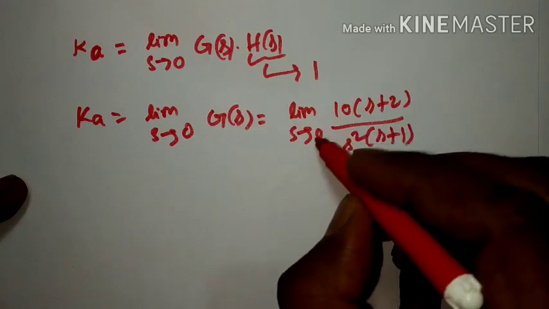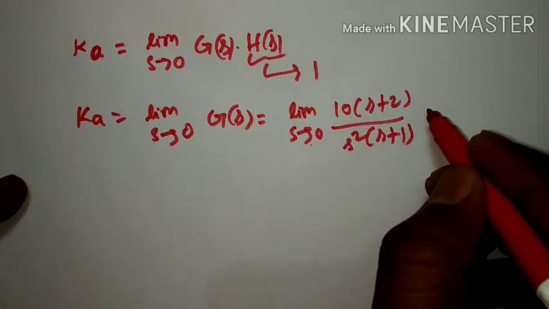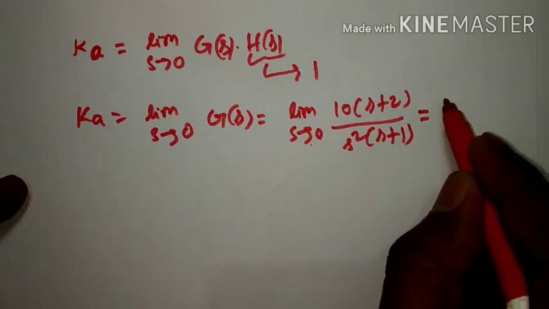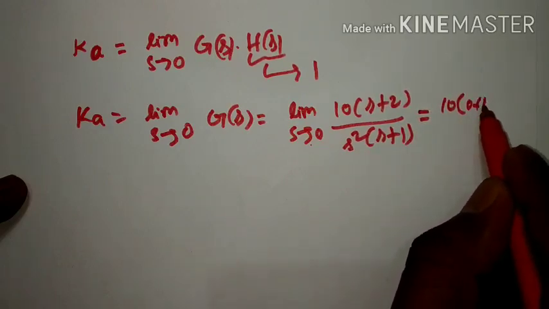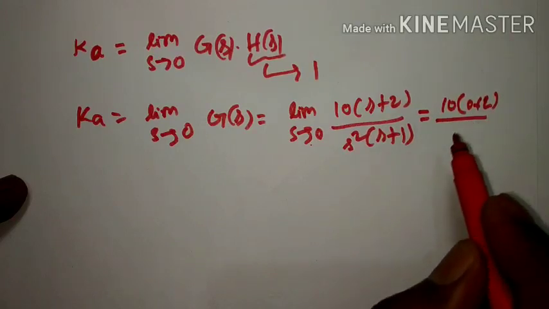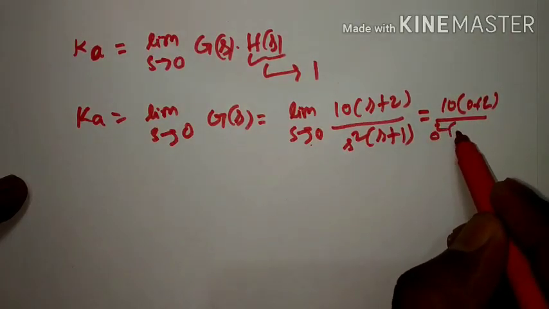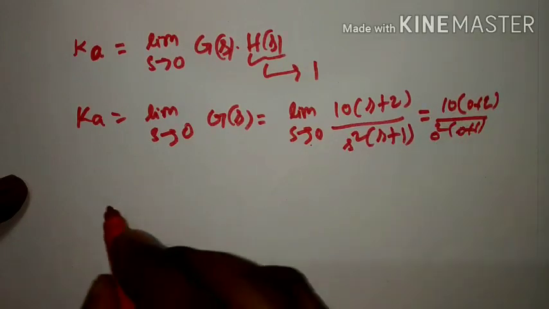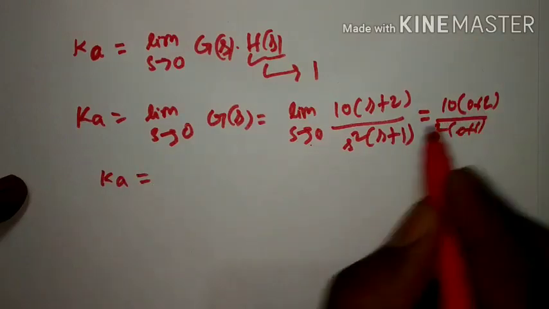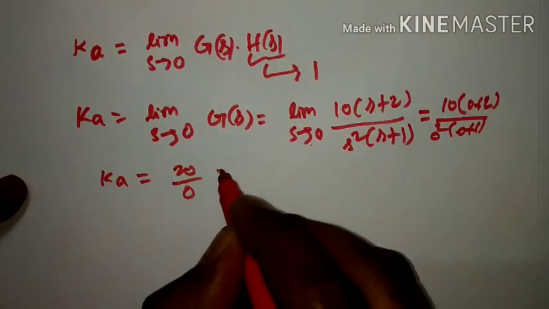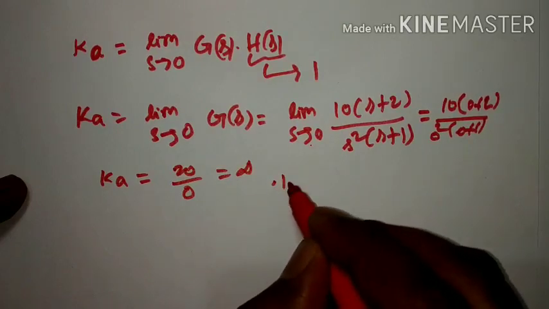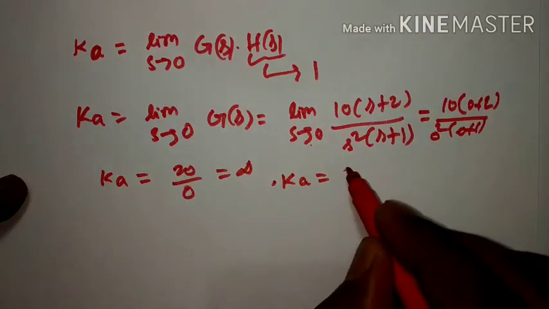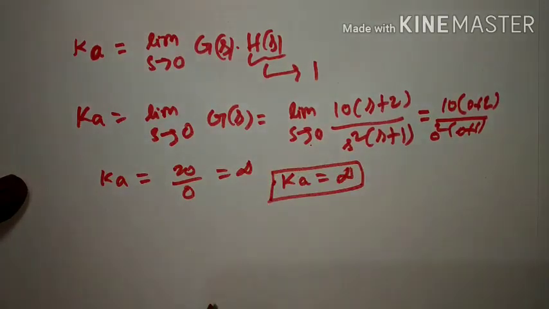When s tends to 0, we get 10 into (0 plus 2) by 0 square into (0 plus 1). The whole term is divided by 0, so this is infinity. So the position error constant Kp is equal to infinity.